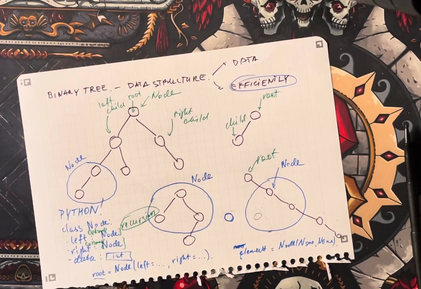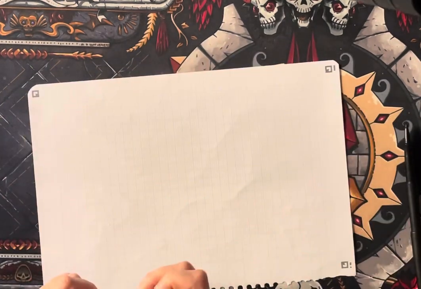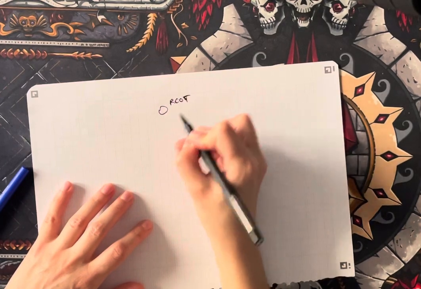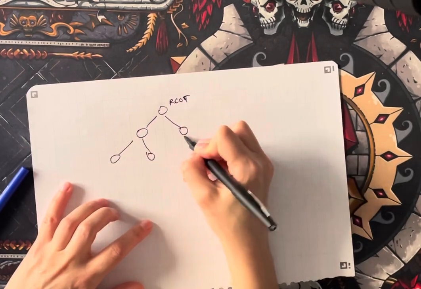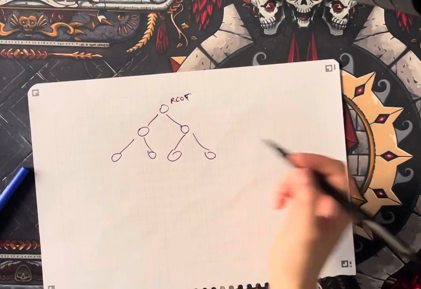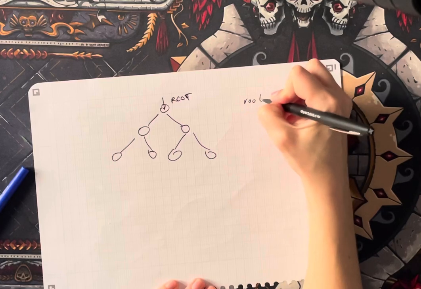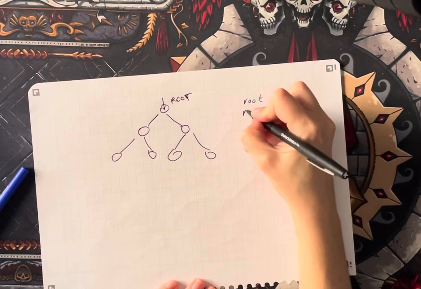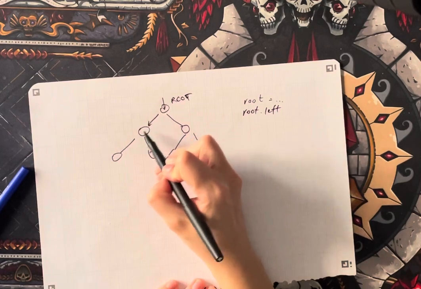What we can do with trees is, given a root, we can access children of the root, right? So when we have a root, which we defined before, we can say root.left, and therefore access the left child of root.